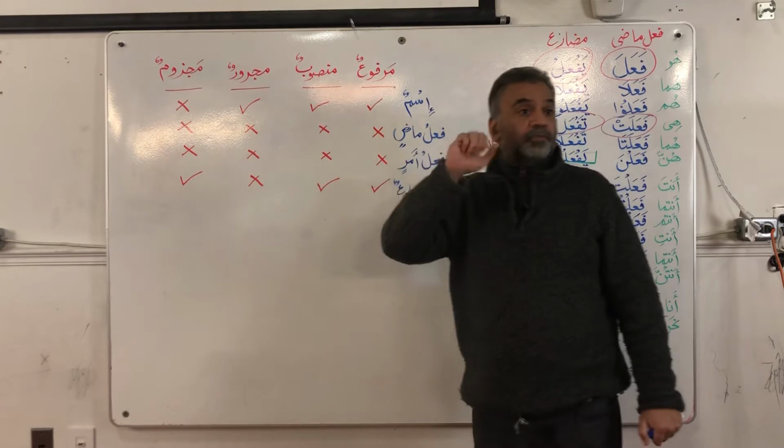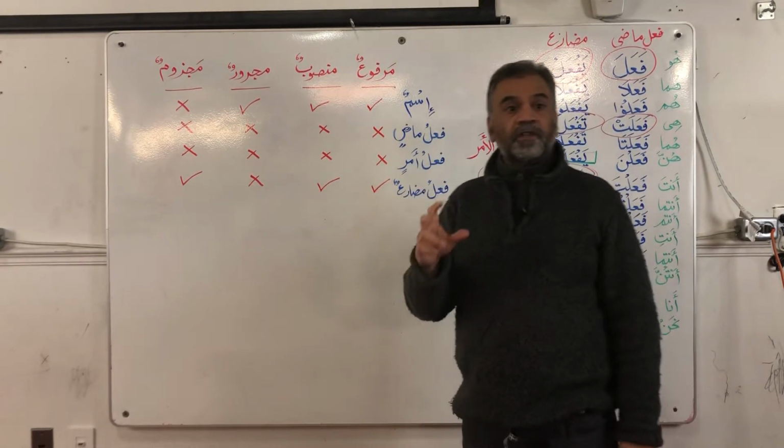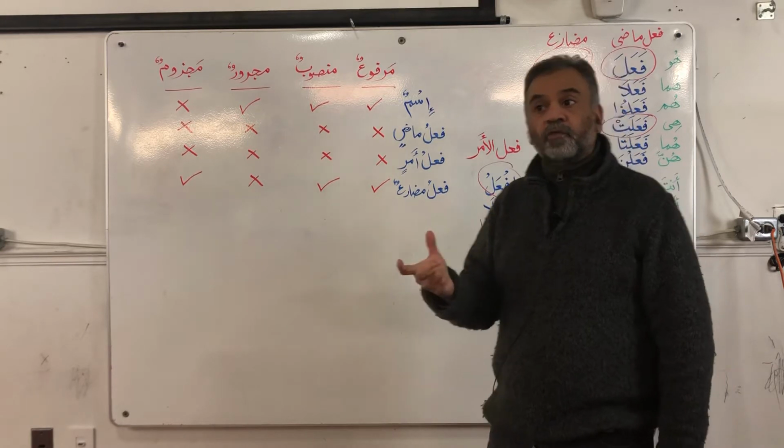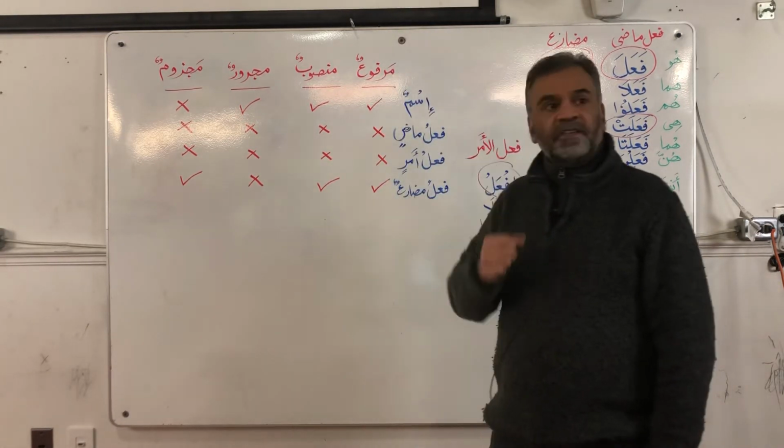We all know that, right? We all know what is the marfu form, what is the mansoob form, what is the majroor form, and what is the majzoom form, right? These are the harakats.